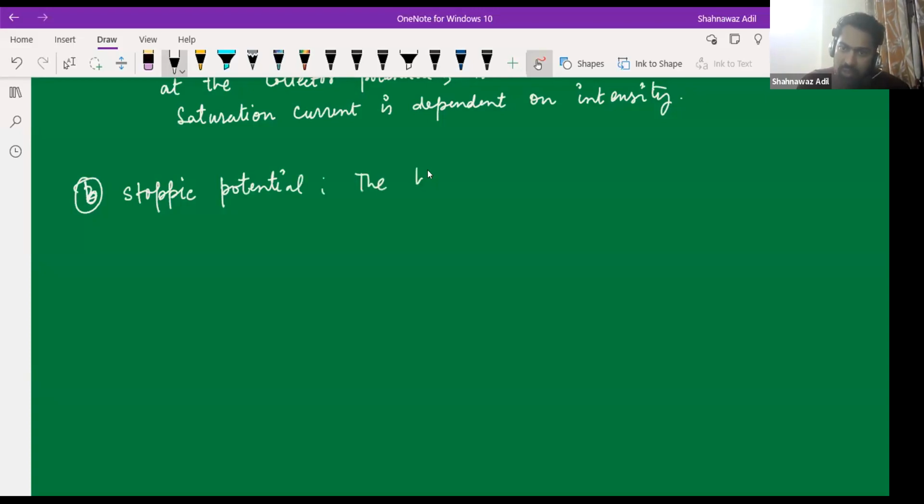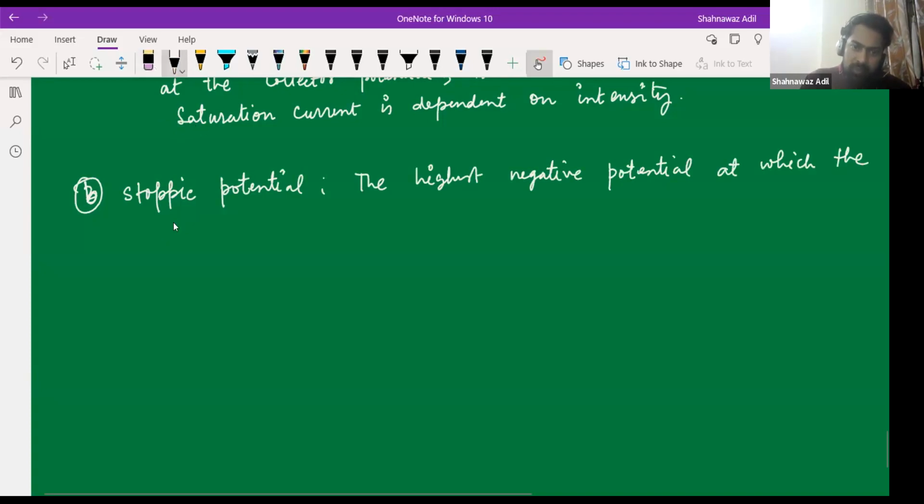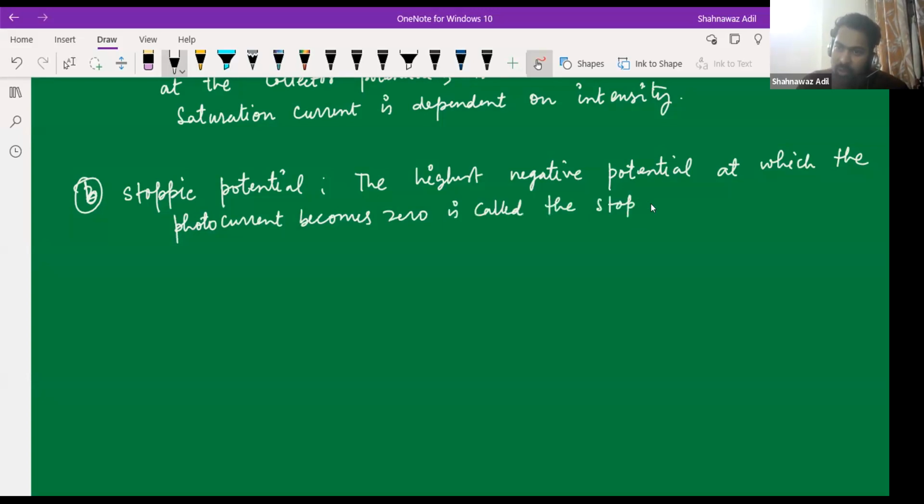And then we have the B part, which is stopping potential. The highest negative potential at which photocurrent becomes zero is called the stopping or cutoff potential, right?